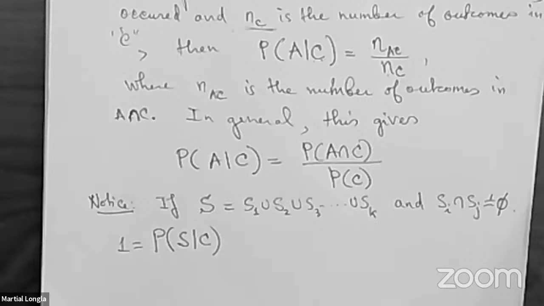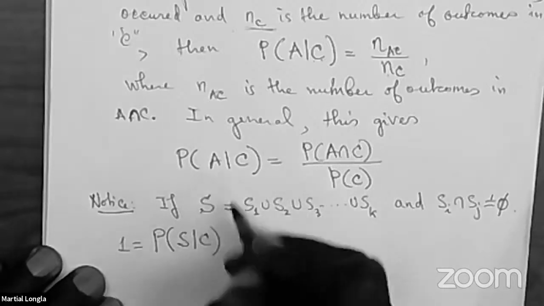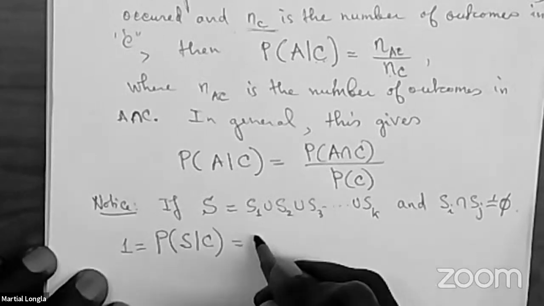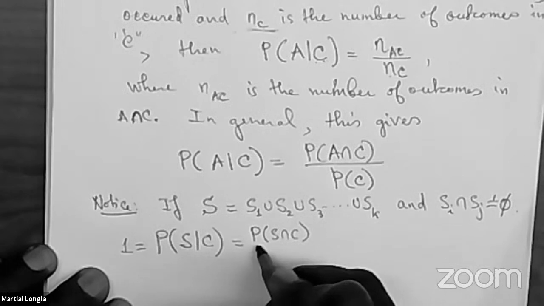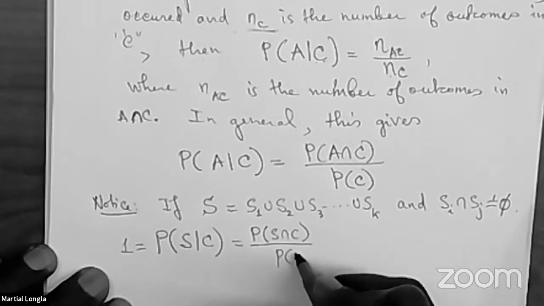Given any event, the probability of the entire space is 1. And that is going to be equal to the probability of S intersection with C divided by the probability of C.